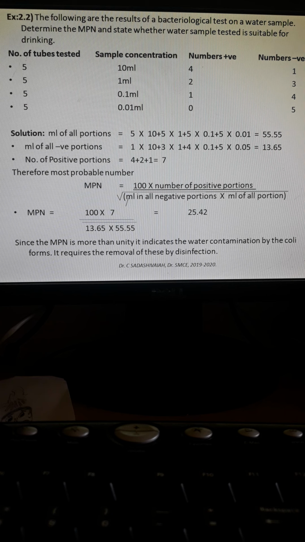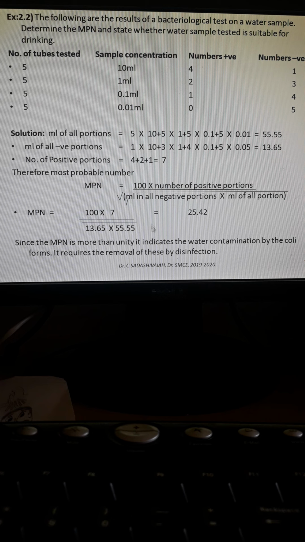When you substitute all these three values in the standard formula given by Thomas, MPN is equal to 100 into the number of positive portions divided by the square root of ml in all negative portions multiplied by ml of all portions. Here MPN is equal to 100 into 7, the number of positive portions being 7, and in the denominator under the square root, ml in all negative portions is 13.65 and ml of all portions is 55.55.